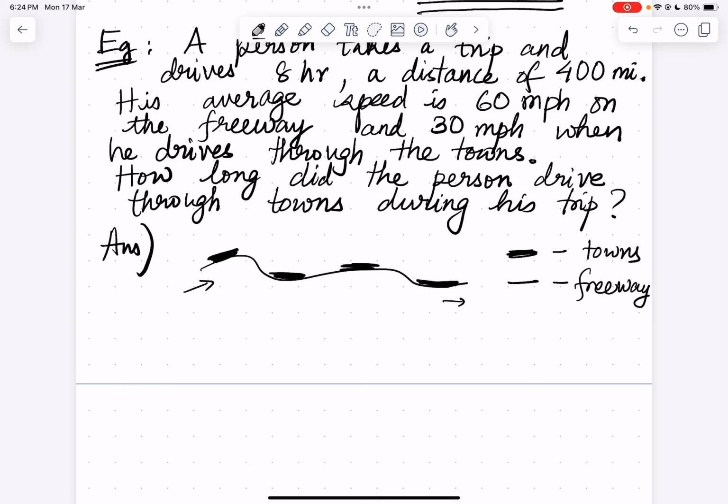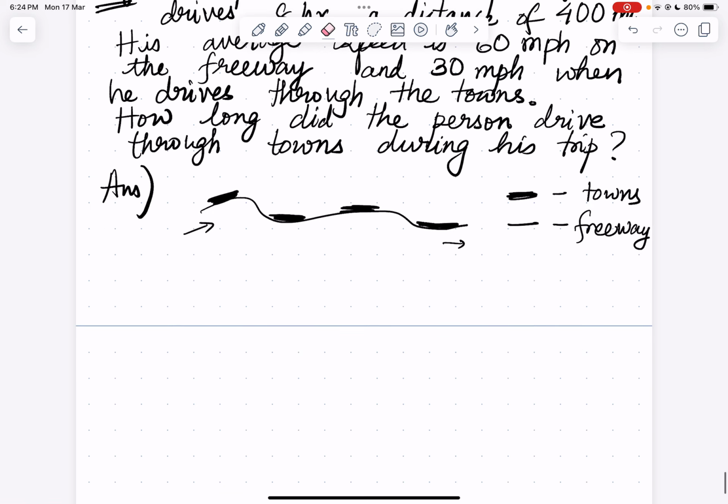So a person is traveling, so in towns, average speed in towns is 30 miles per hour, average speed in freeway is 60 miles per hour. The total duration is 8 hours and total distance is 400 miles. So we want to find how long did the person drive through the towns during this trip.